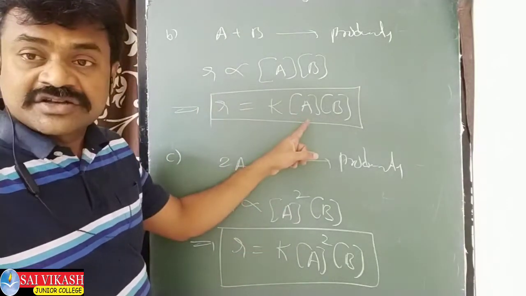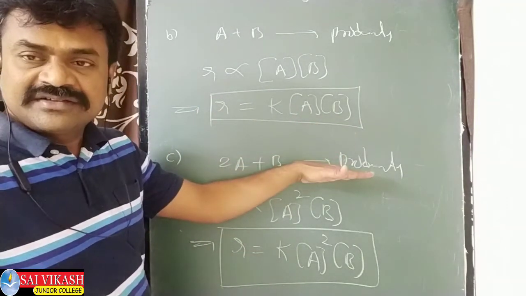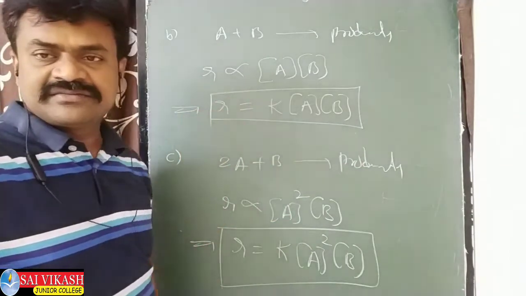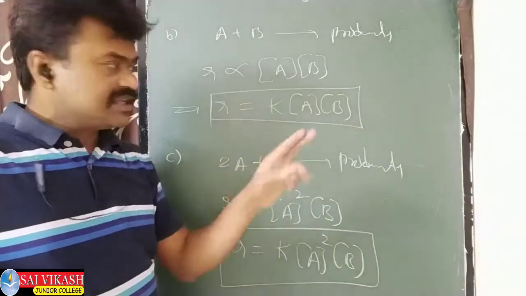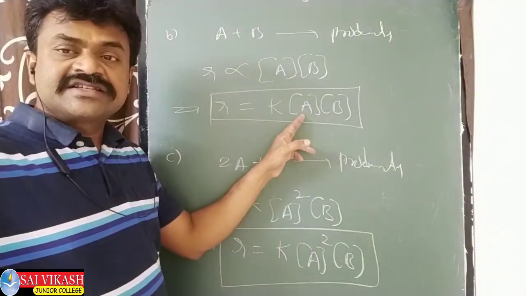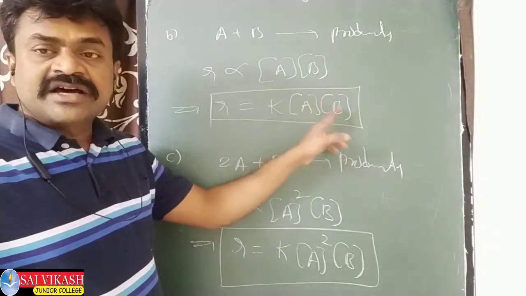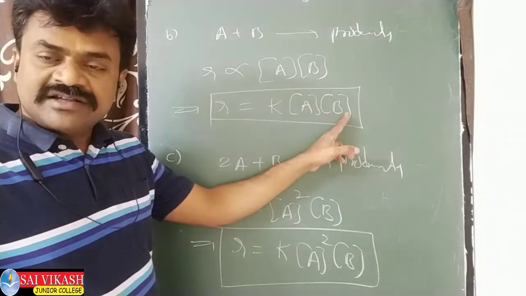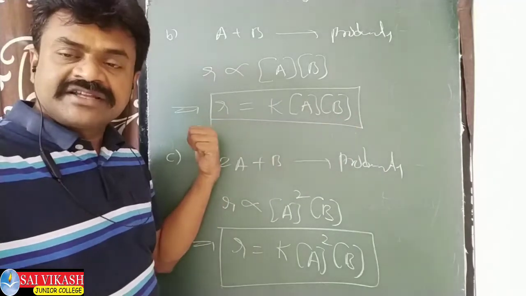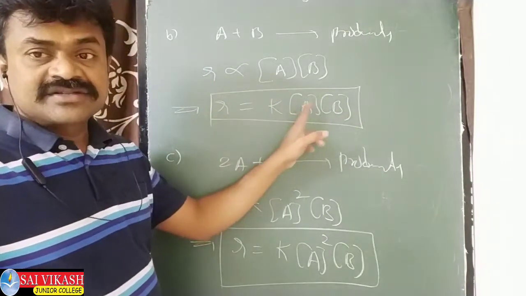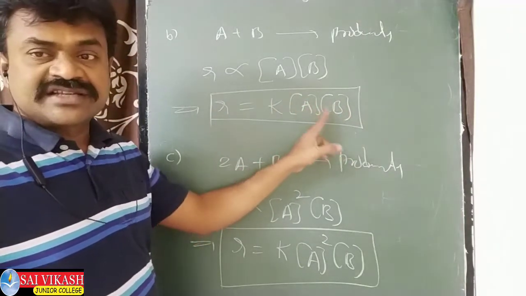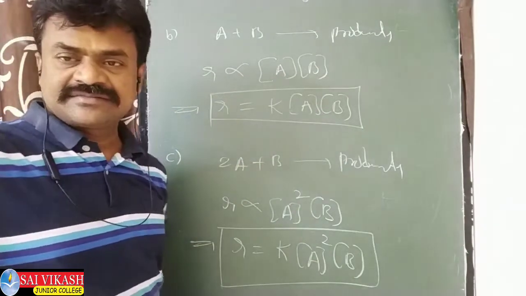If concentration of B gets half, then rate will be half. Suppose concentration of A gets 3 times and concentration of B gets doubled, then how many times does rate increase? This is 3 times, this is doubled. So 3 2s are 6. So rate increases 6 times.